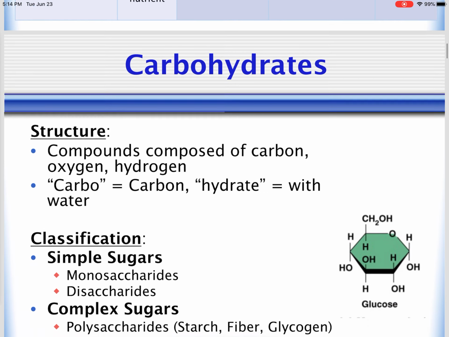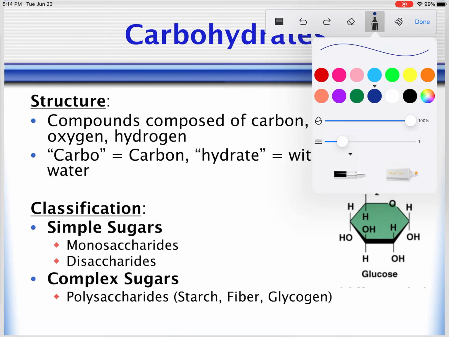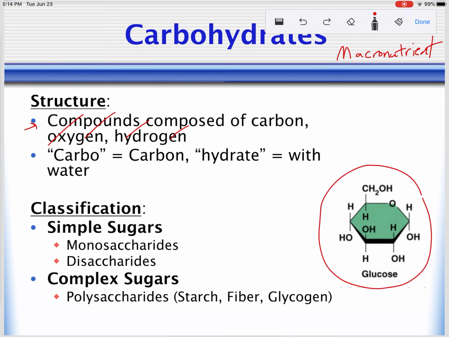So here we go. Let's start with carbohydrates. We already know that carbohydrates are considered to be a macronutrient, which means that we need to ingest them in larger amounts. You can see here I've got some information about what elements make them up, but that is something that you don't need to know. You can see I've also included a picture, and for each nutrient I am going to include a picture.